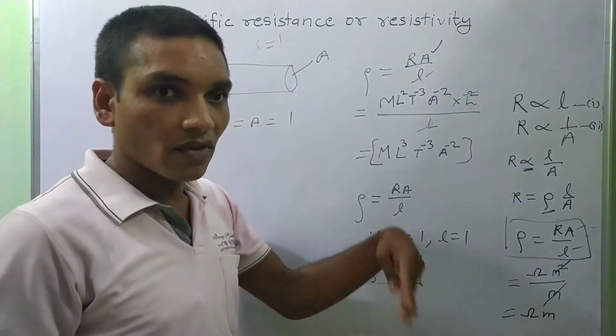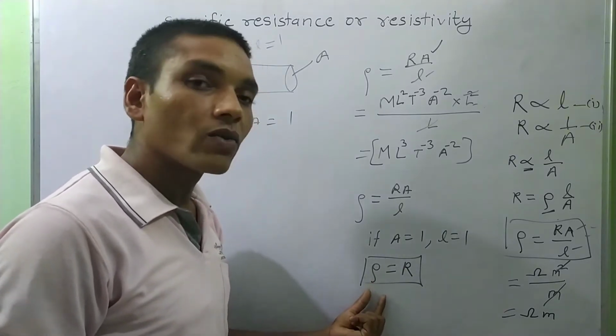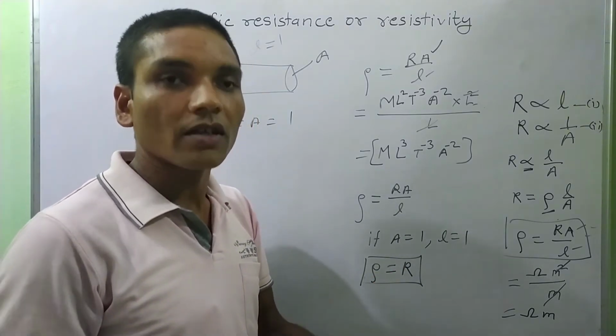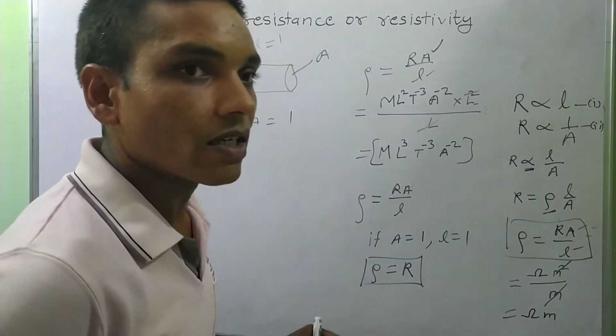In that case, the resistance of this conductor will be equal to the resistivity of the conductor. So this is the definition of the resistivity.